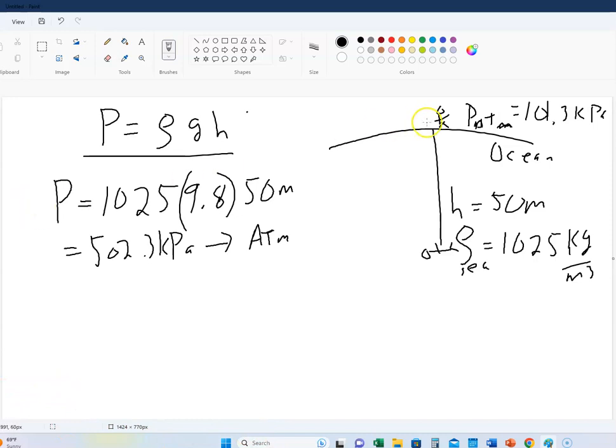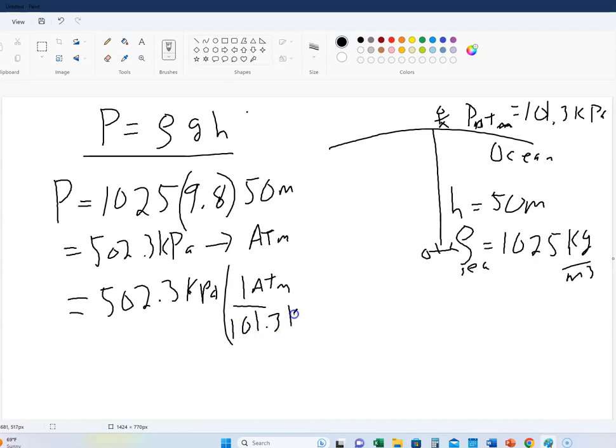The reason I changed it to kilo is because, remember, we're converting it into atmospheres. Sorry, let me write this. This is 502.3 kilopascals, and I know that one atmosphere is 101.3 kilopascals.